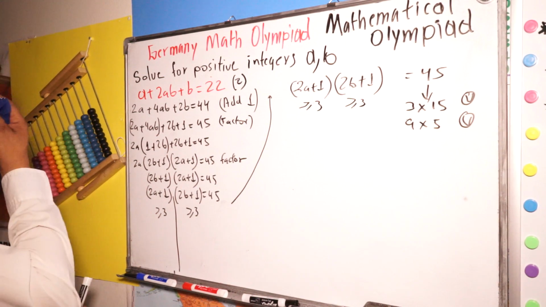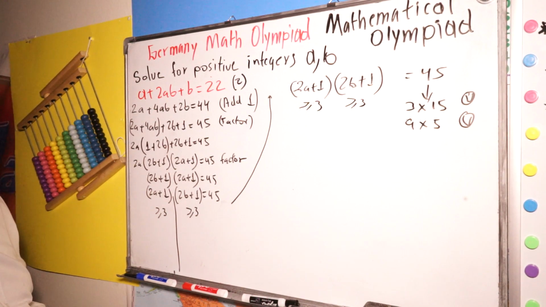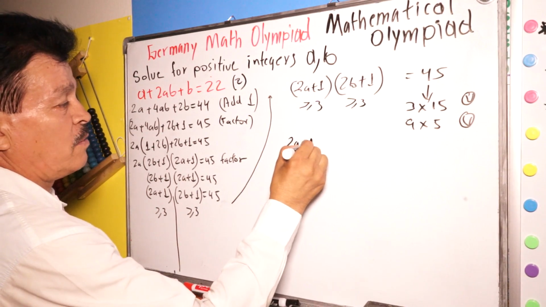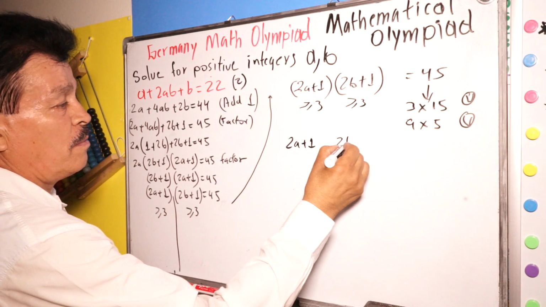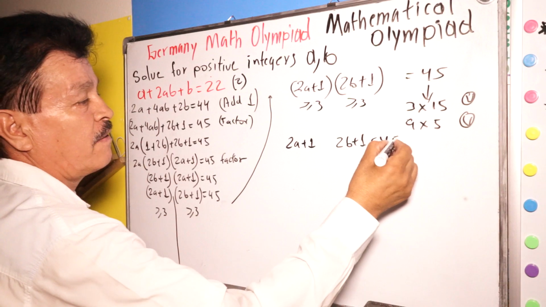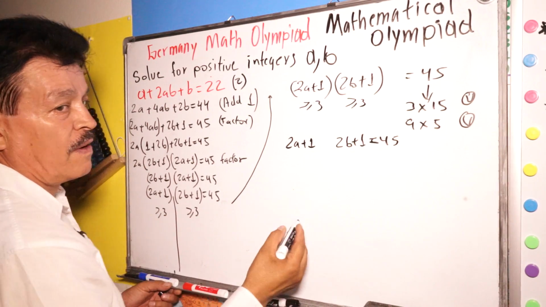So now, after that, just write 2a plus 1 right here, and then 2b plus 1, equals 45, of course.